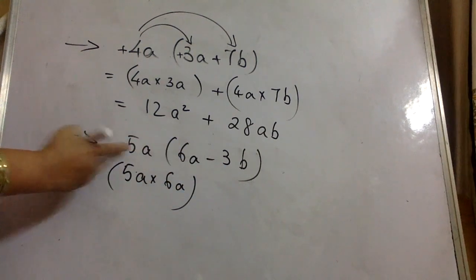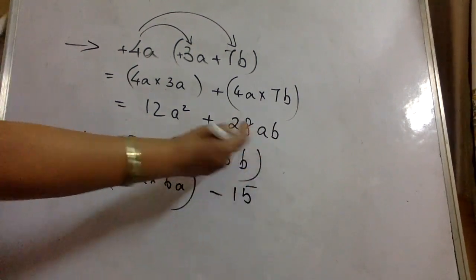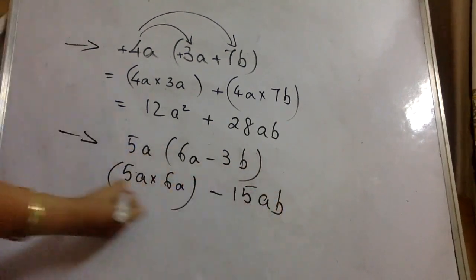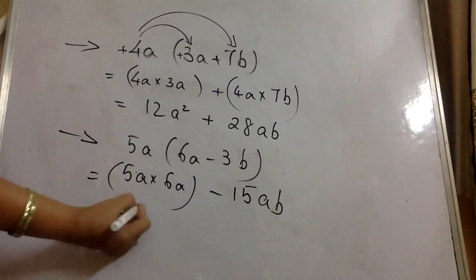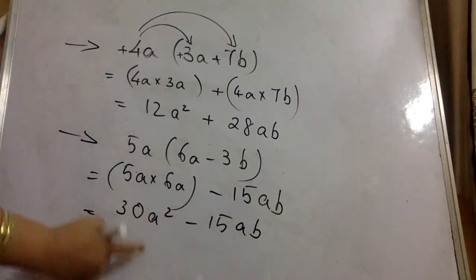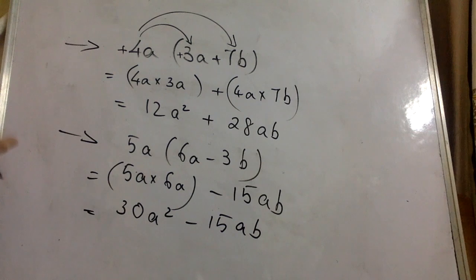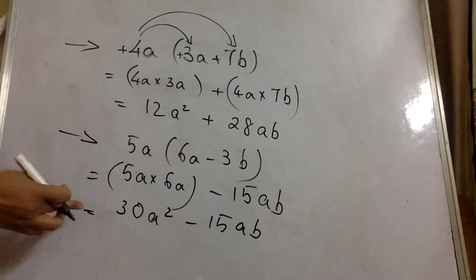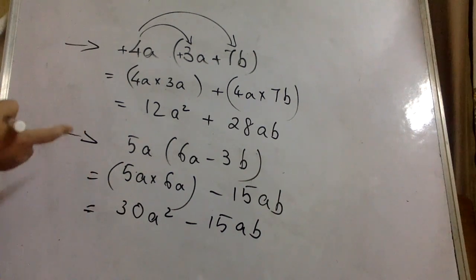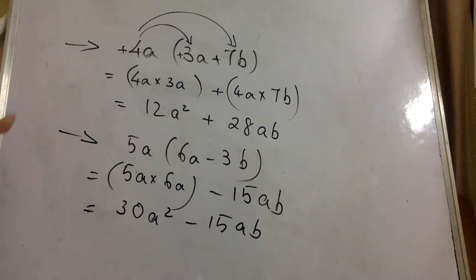Minus 3 with a plus 5 is a minus 15. You can write it straight away also if you want. And ab. So that comes to 30a square minus 15ab. How it comes to a square, if you are not following, follow my video on exponent rules. So this is 30a square minus 15ab. That is the final answer now.